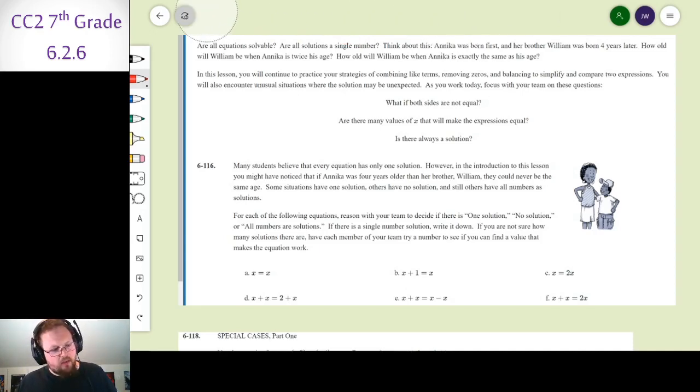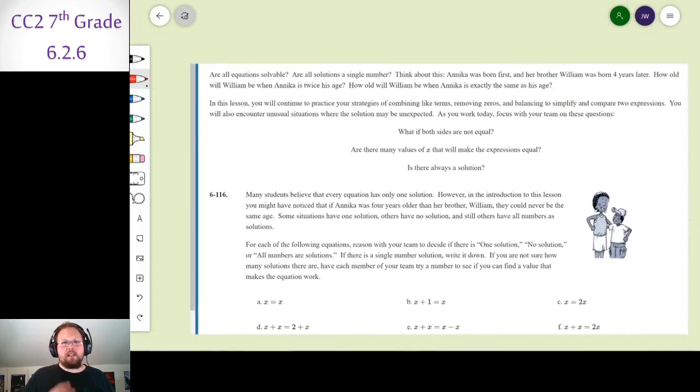And then you ask yourself, okay, she's 4 years older than him. How old will he be when he catches up to her and they're the same age? You might be thinking that sounds like a really silly question, and you're right, it is. If she's 4 years older than him, they are never going to be the same age. So that is an example of something that doesn't have a solution.